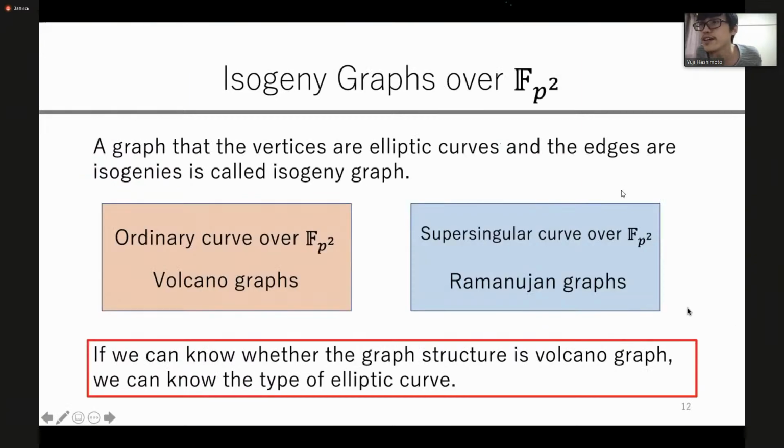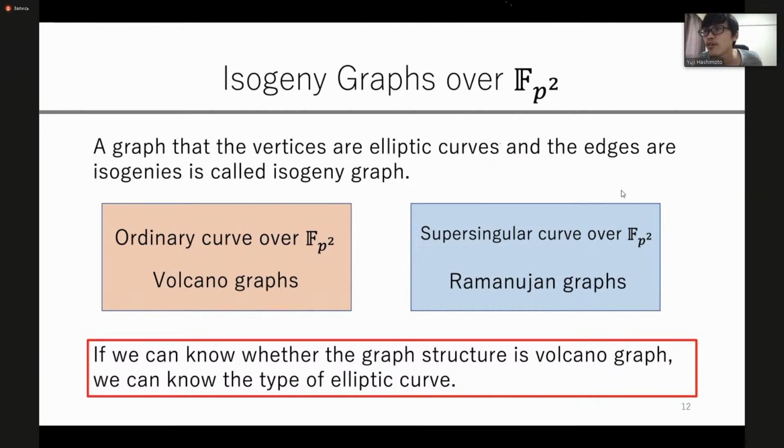Okay, I'm going to explain the 2-volcano graph. I explain the graph structure of the isogeny graph over F_p^2. A graph whose vertices are elliptic curves and whose edges are isogenies is called an isogeny graph.